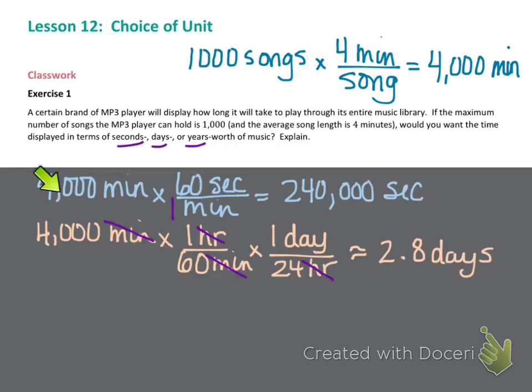To do this one, I took 4,000 and divided it by 60 times 24, because this is really just one big fraction, isn't it? So I get 2.8 days. Well, that's pretty meaningful to me. I can wrap my head around 2.8 days. It's almost 3 full days of music, 24-hour days, so I could have that thing playing 24 hours a day.